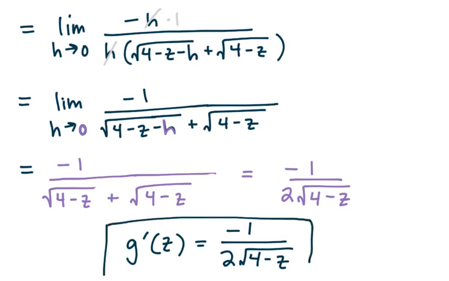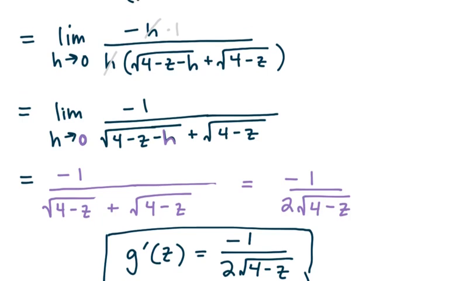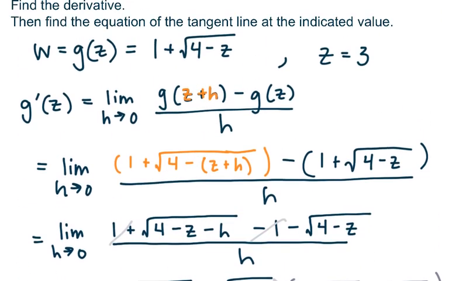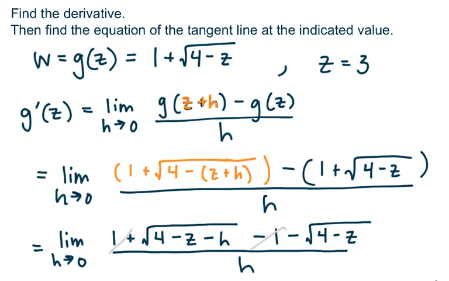So this is my derivative. I'm not done with my problem yet, but we have found the derivative. Remember, there was a second part to this problem. It said once you find that derivative, we need to write the equation of the tangent line at the indicated value. So I'm going to go to the next page.